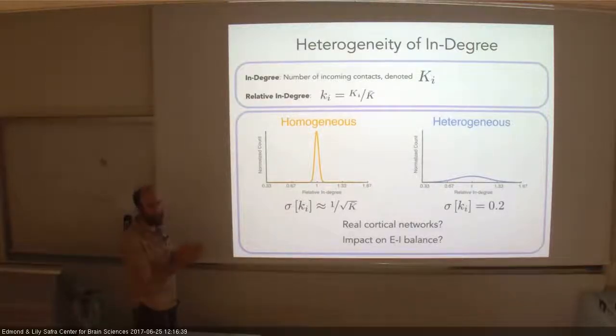So it'll receive approximately K inputs plus or minus a square root of K correction term, so that the relative in degree will be right at 1 for all the neurons, plus or minus 1 over square root of K. So that's a small heterogeneity, and that's what we refer to as homogeneous networks.